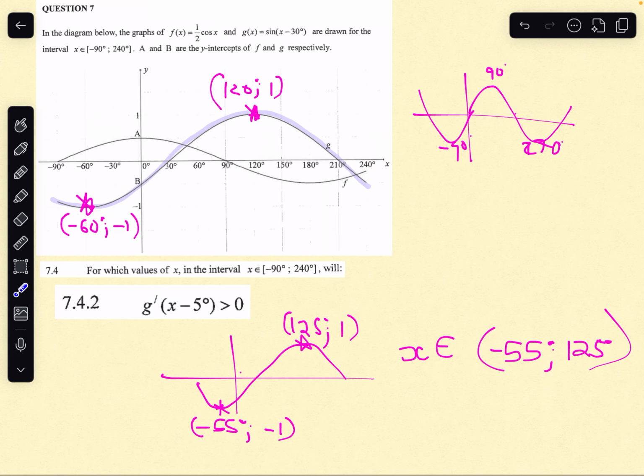That tells us we went down and then up, which is what we want. Otherwise, if it was still increasing here, we would get a low value, then a slightly higher value. So we want evidence that this dip has happened, and that's why we're going to test values around minus 55 and around 125.